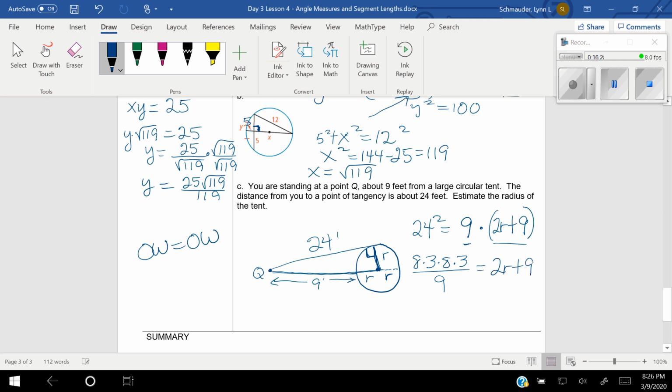Just trying to think of a way not to have to square 24. 9, 3, and 3. So I got 64 equals 2r plus 9. So 2r equals 64 minus 9, which I believe is 55. So the radius would have to be 55.